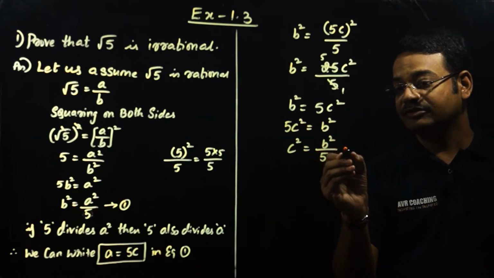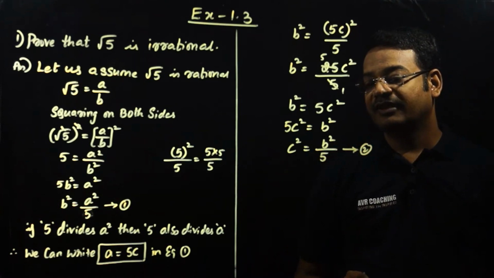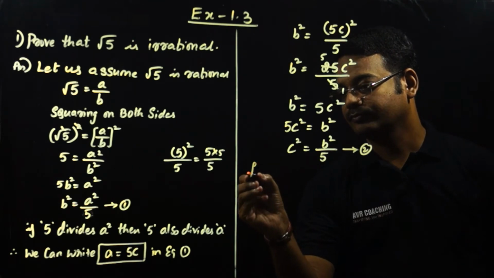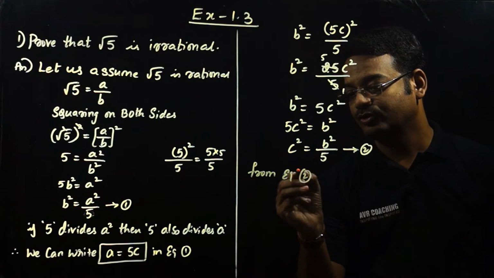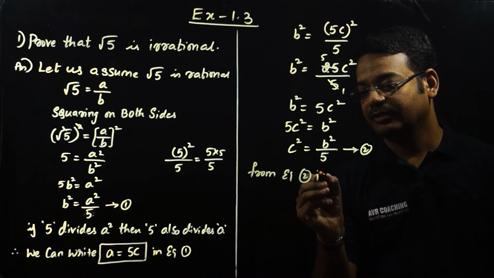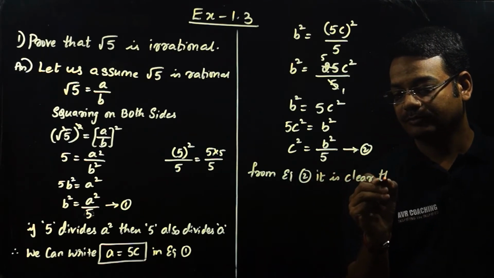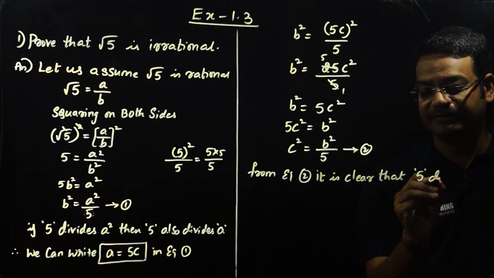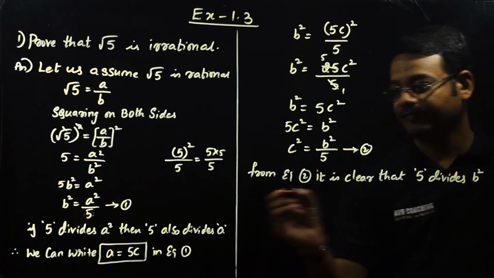Now from equation 2, it is very clear that 5 divides b square.